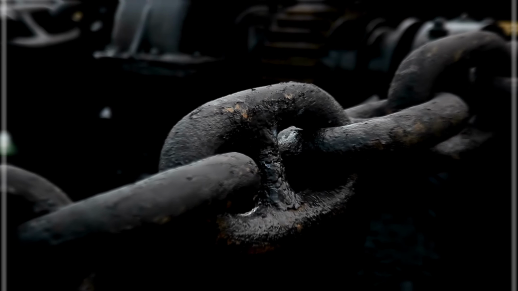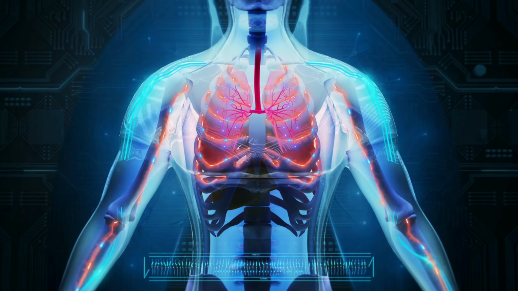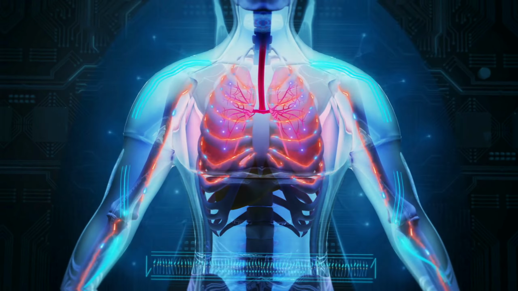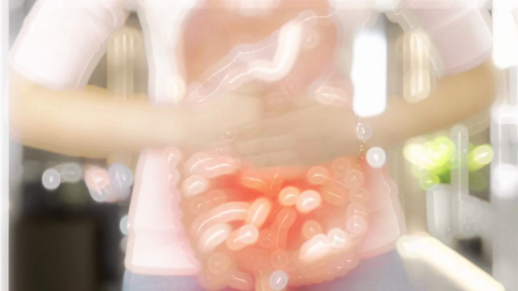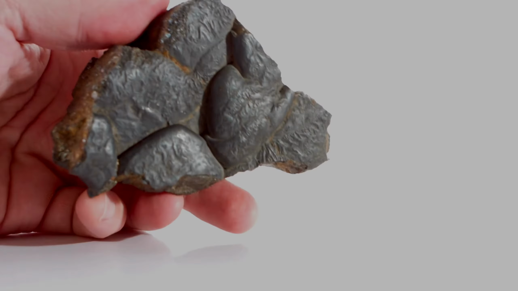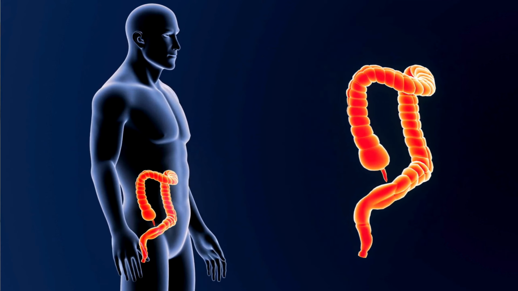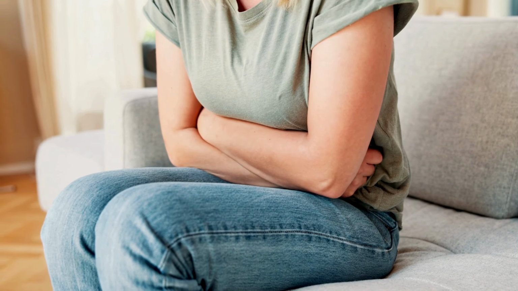Next is the metal element. This is connected to your lung and large intestine. So respiration, oxygen, also your skin health, and of course your large intestine. If you have colitis, you have a metal issue because the metal relates to your large intestine. Okay, you have colon cancer. Hey, it's a metal problem.